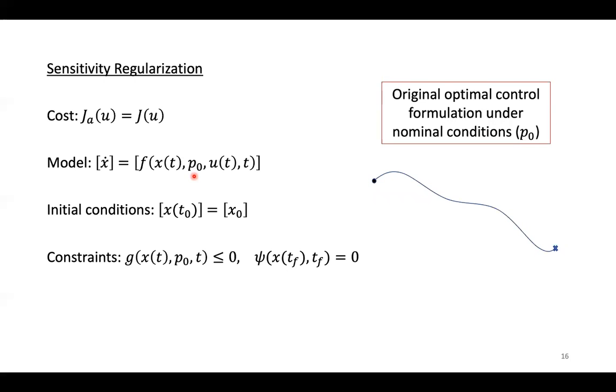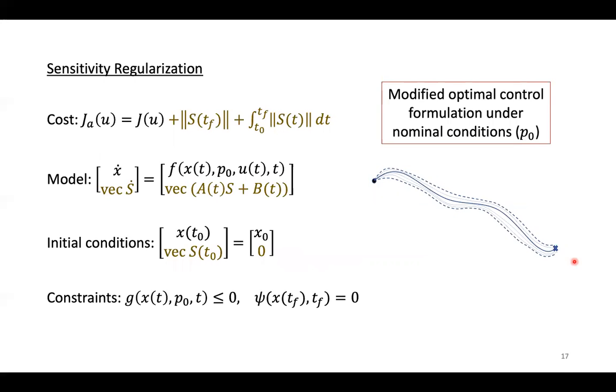If you solve it using any off-the-shelf solver, which gives you the nominal trajectory, and you assume variations in the parameter, you would have dispersion about this nominal trajectory. The idea of sensitivity regularization is essentially to penalize the sensitivities, or the norm of the sensitivities, by using, say, a terminal cost function and a running cost function, and to augment the sensitivity dynamics to your model along with the initial conditions.